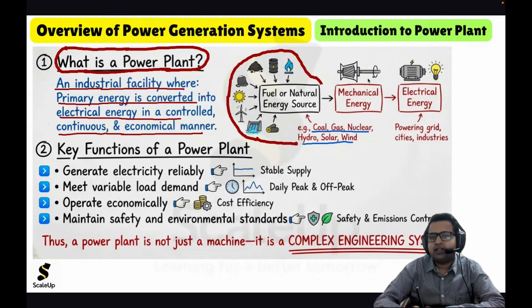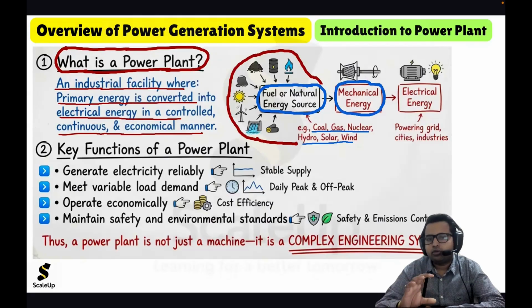As we can see here, the fuel or the natural energy source, that's the primary energy source, we convert first into mechanical energy, either by heating gases or burning coal. When we burn the coal, heat is generated, and when that heat is passed through water, steam is generated, and that steam we use to rotate the turbines.